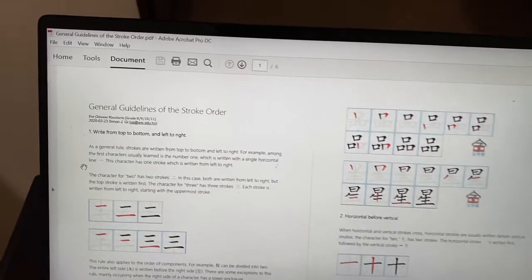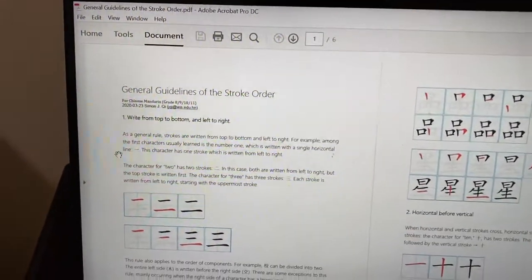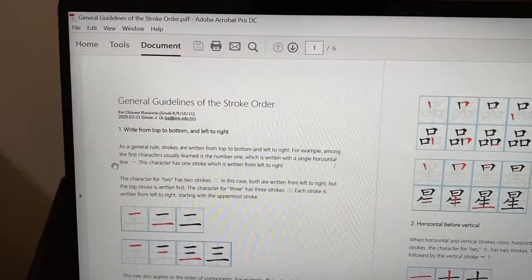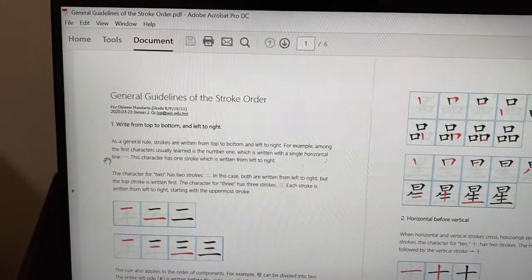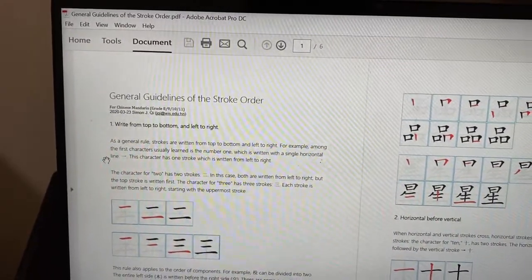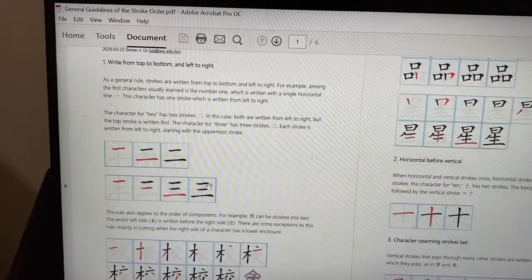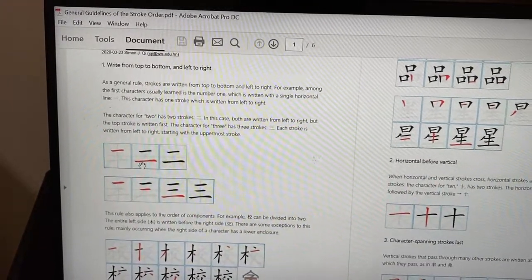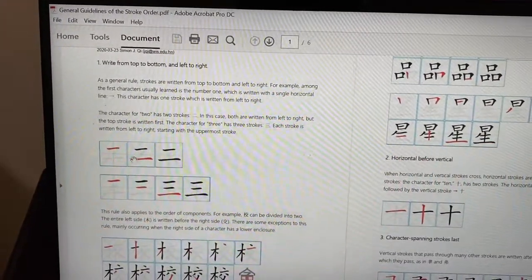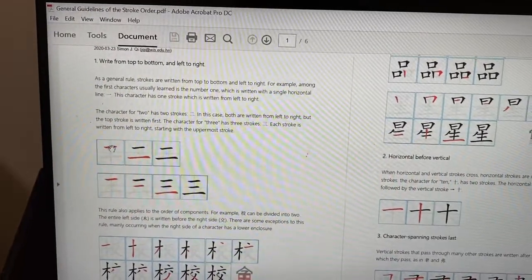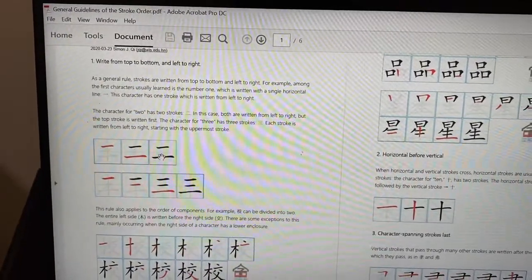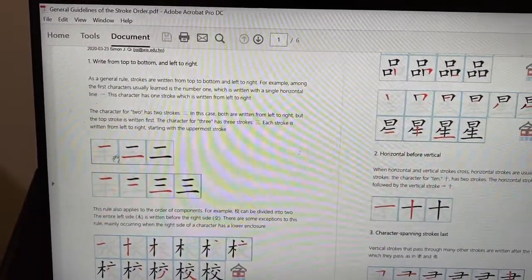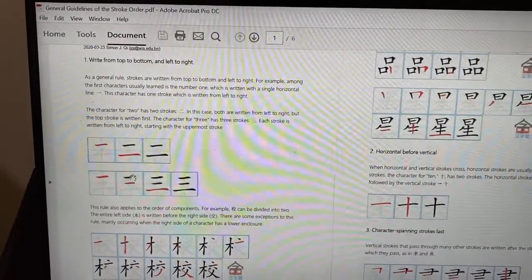We have such a point like from top to bottom and then left to right, and we have examples here. You may see all of those parallel horizontal strokes, or hengs, are written from left to right, and you write parallel things from top to bottom.